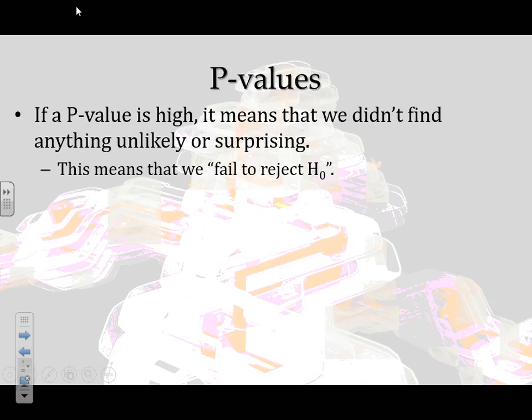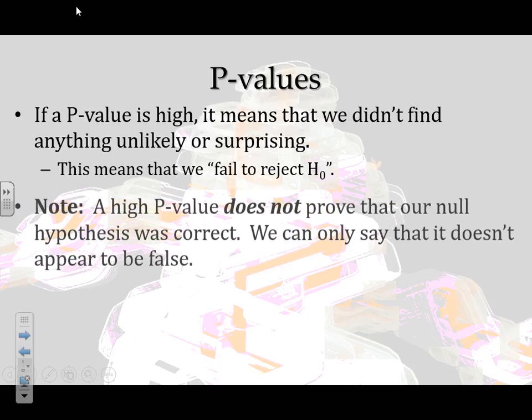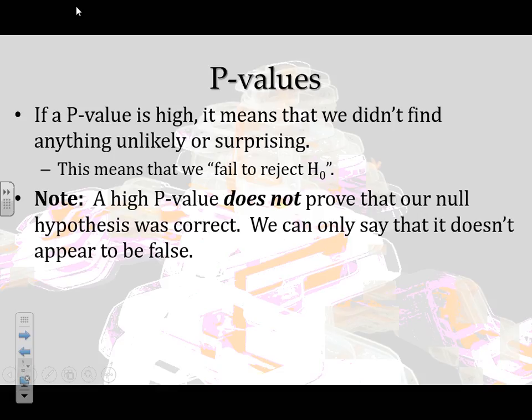When you fail to reject, you are not proving that the null is true. So when we make that null hypothesis, we're assuming it's true, but our test cannot prove that it's true. So if we find a high p-value, that means we didn't find enough evidence to reject that null.